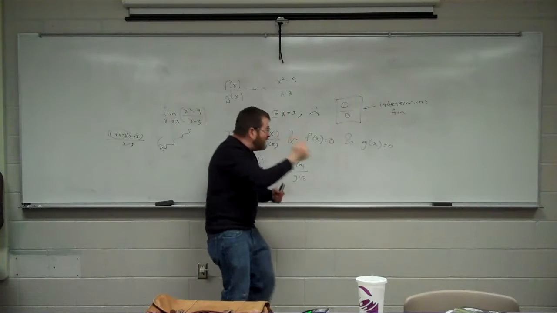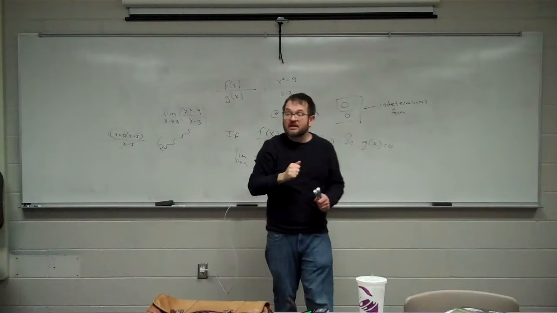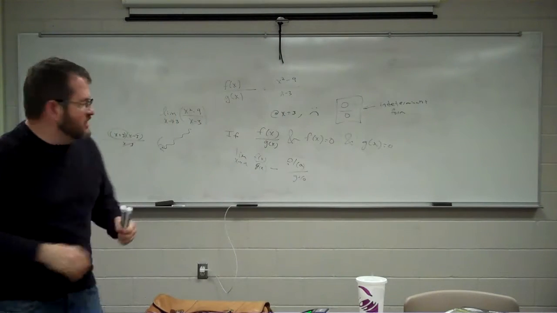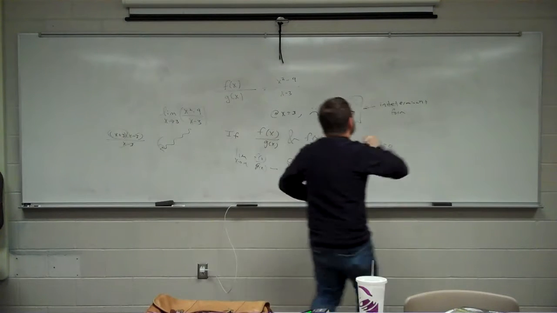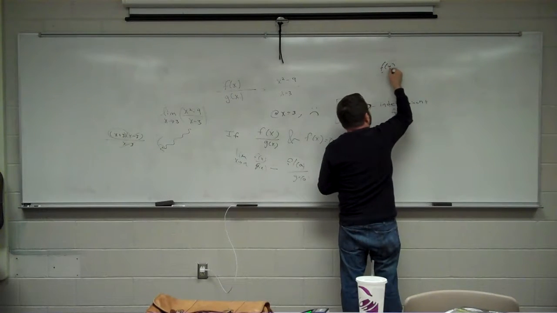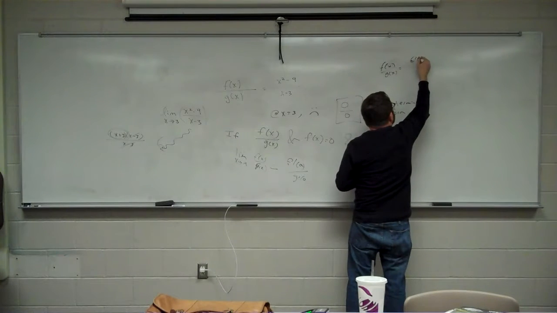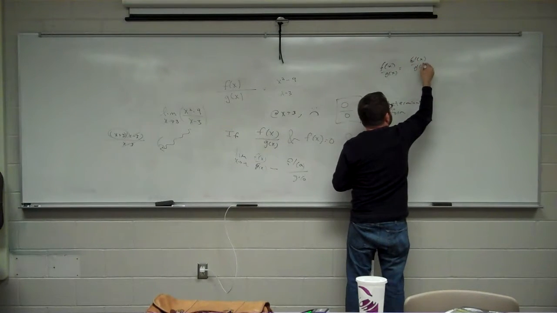Now, at one of these places where it blows up, this falls apart any place else. I don't want you to think, do not think, that f of x over g of x equals f prime of x over g prime of x.